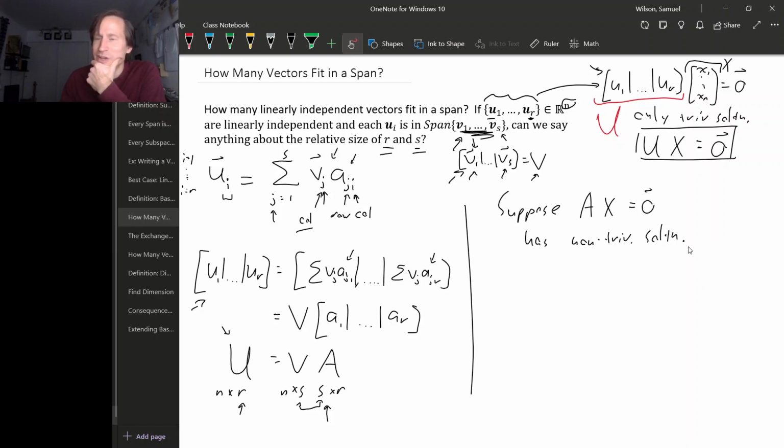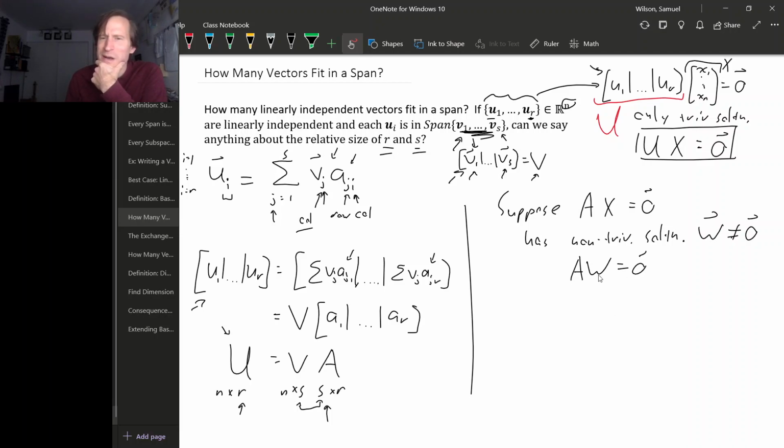It's a vector. I don't know what to call it. Can't call it U, can't call it V. Let's call it W. So W is a non-trivial solution, so that means W itself isn't 0, but A times W is equal to 0.